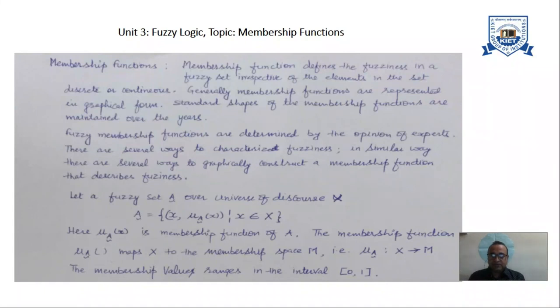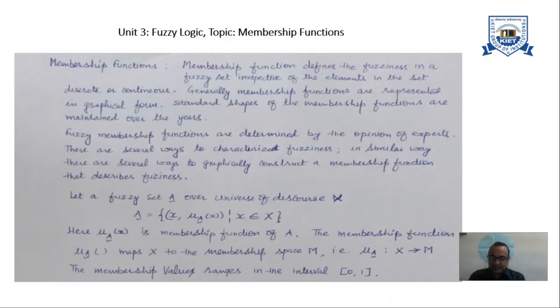There is another, the trapezium way, in which we can also define the membership functions. So generally you will see two types of membership functions, the triangular function or the trapezium function, with which membership functions can be defined for a variety of fuzzy sets.